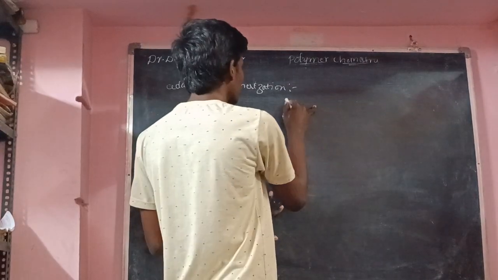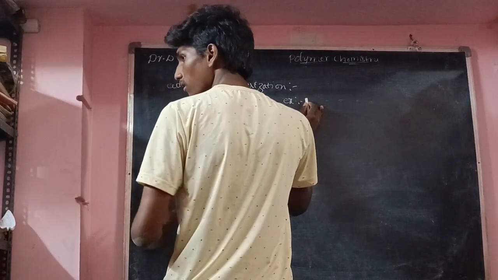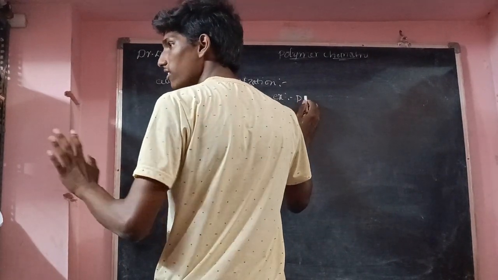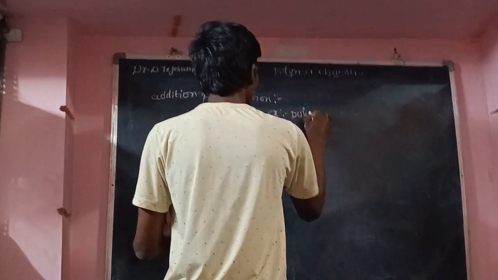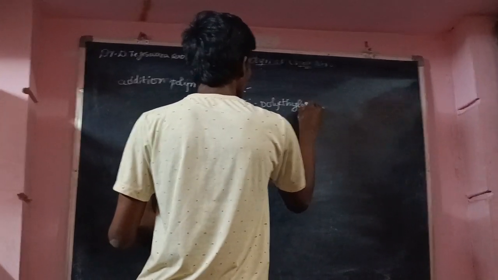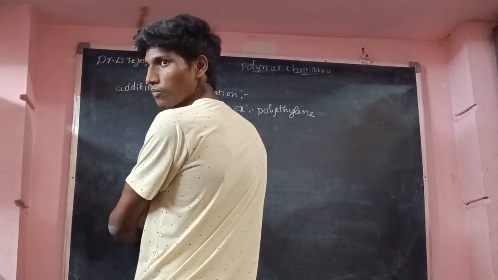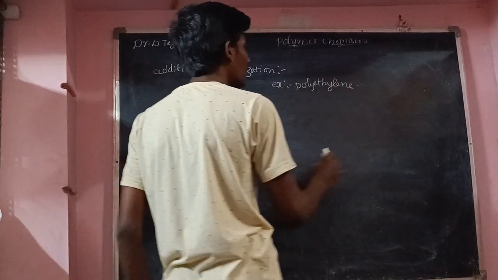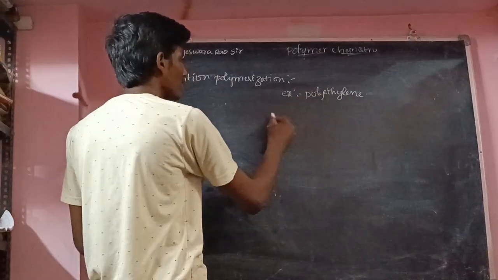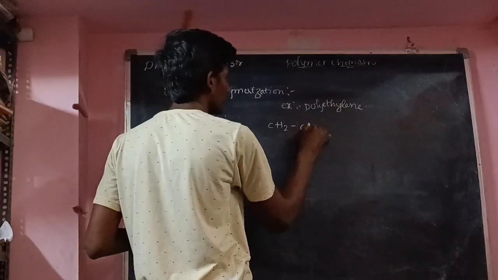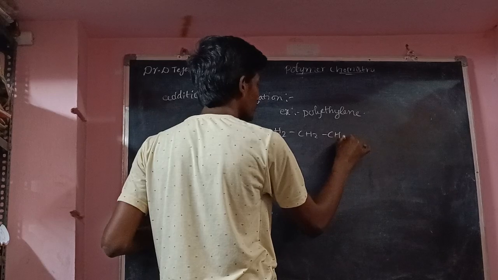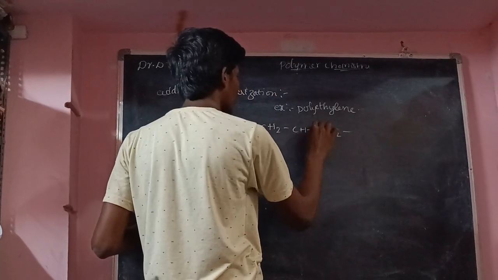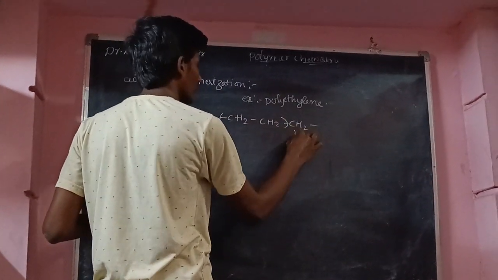For example, polyethylene: CH2 single bond CH2 single bond CH2.